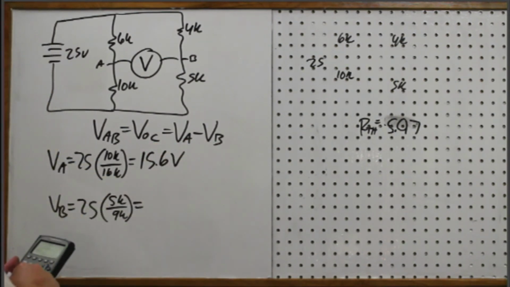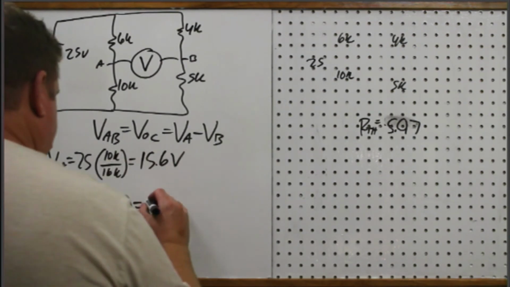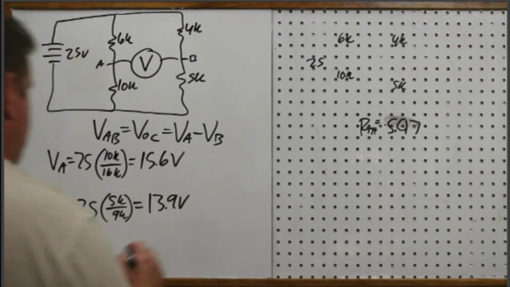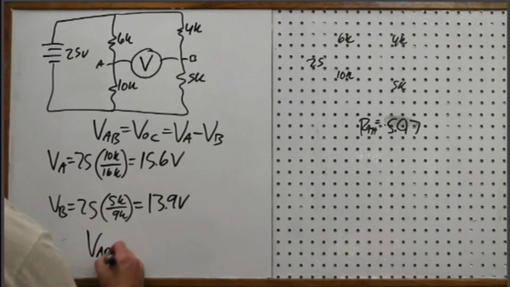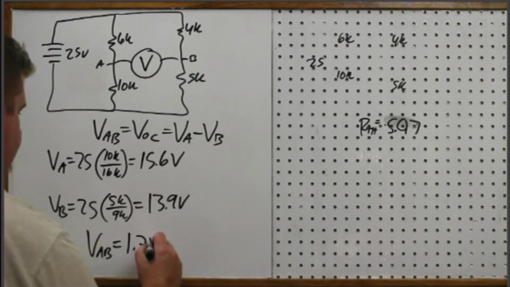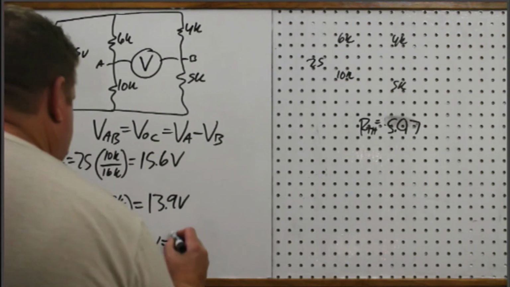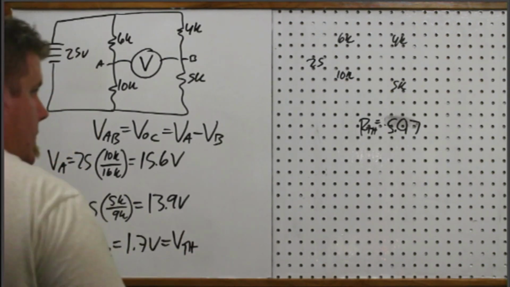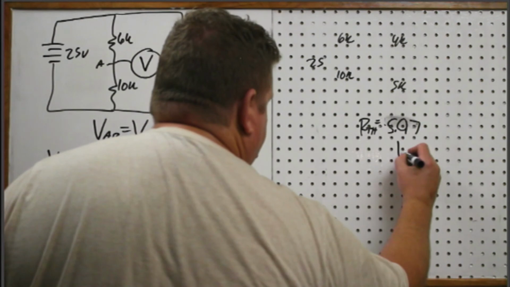And VB, 25 times 5 divided by 9, 13.9. So VAB, if I take the difference of the two, 15.6 minus 13.9 gives me 1.7 volts. So that is my VTH. So this is 1.7 volts.